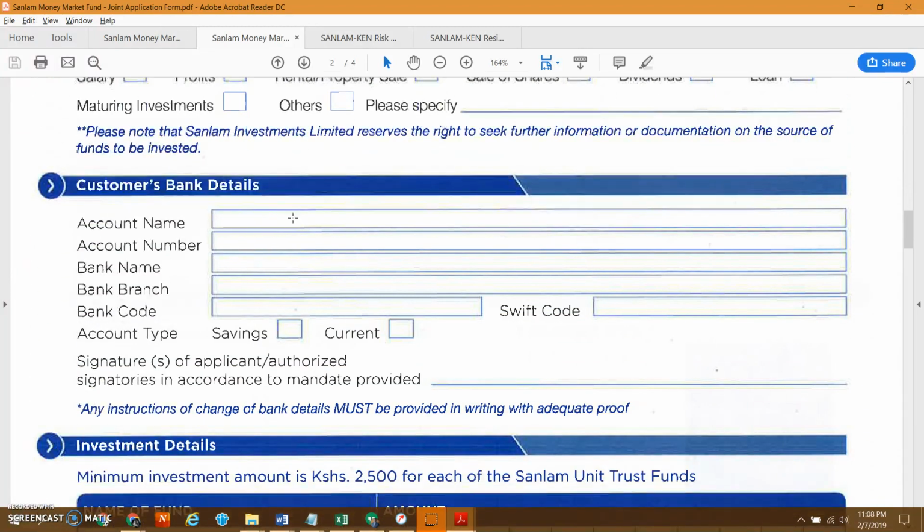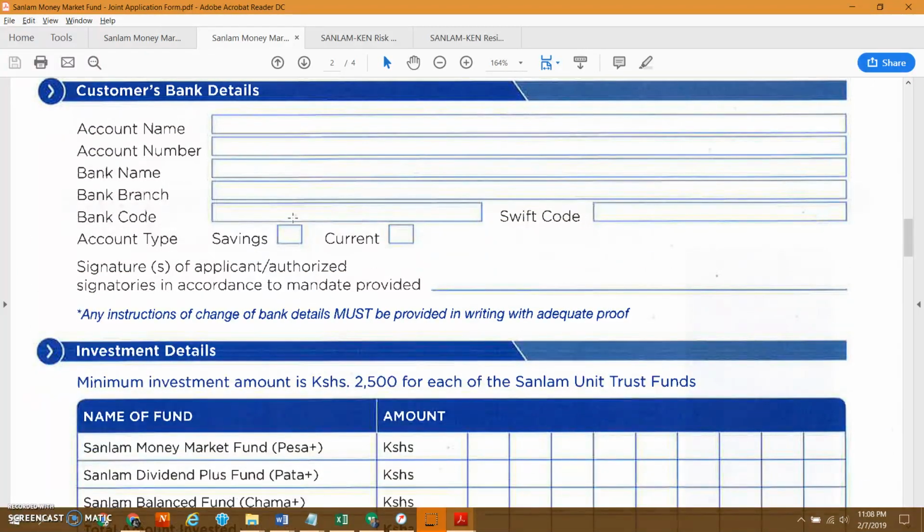As we discussed this, the final thing that I love about Sanlam is the great customer service. Unlike most companies in Kenya, there's like zero waiting time to get through the customer service line, which is impressive. The other thing is they give monthly statements on the 5th of every month, and these show the amounts that you've invested and the returns for that month.